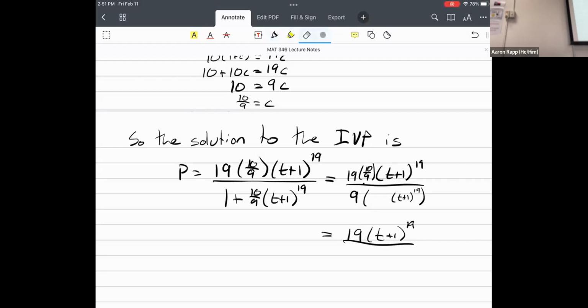I'm trying to do too much at once and I'm panicking because I need to get you out of here. How about we just leave it as 190/9 times (t plus 1) to the 19th over 1 plus 10/9. If you try to do anything else, apologize, please erase.